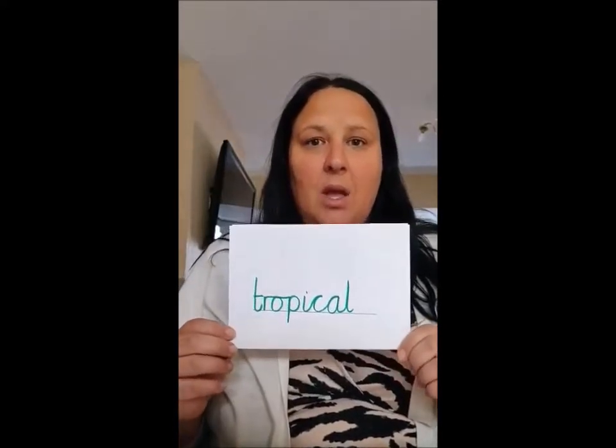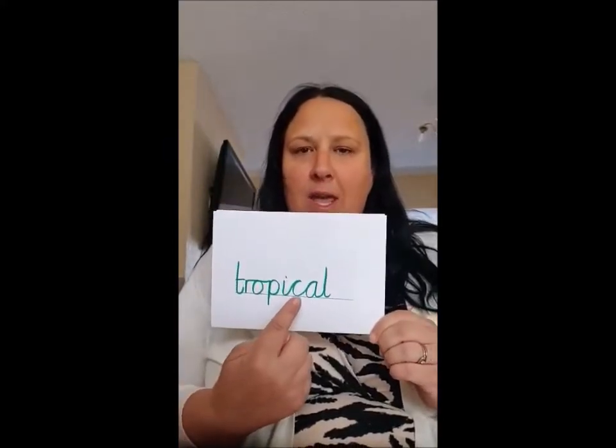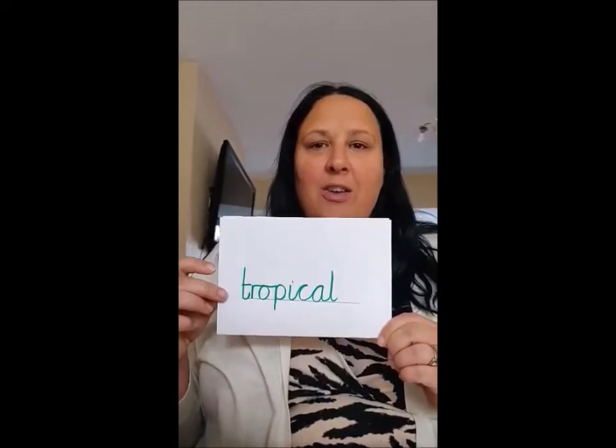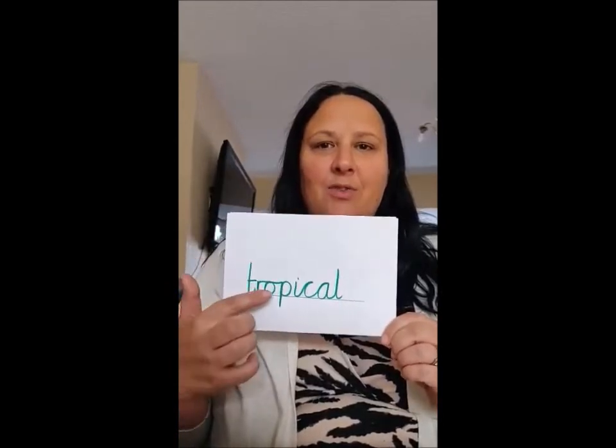It's that sound on the end that we were practicing a few weeks ago. So the word is tropical. Careful about the k here, it is a C. Are you ready? Tropical. Go, write it down. You might need a bit longer for this one, it's a long word.